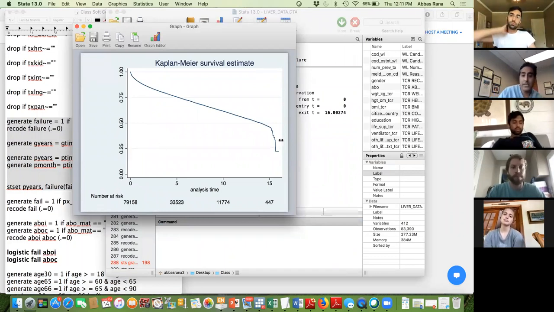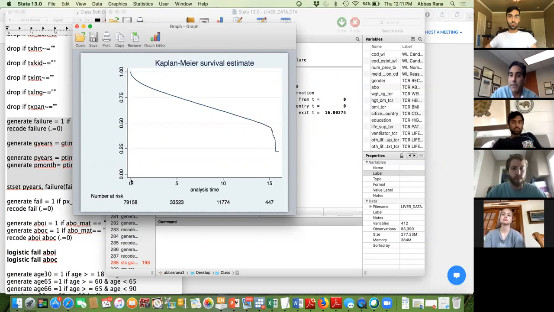These 80,000 transplants are transplanted over 20 years, all throughout this 20-year time span. But what we want to do to look at the data in one coherent view is make the assumption that everyone was transplanted on the same day, day 0.